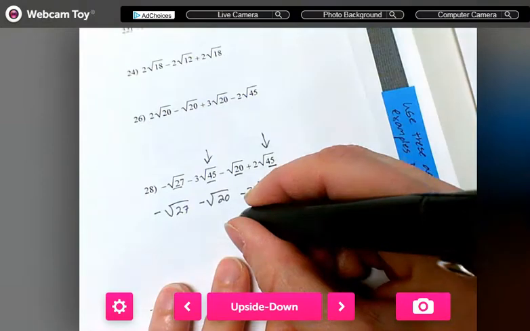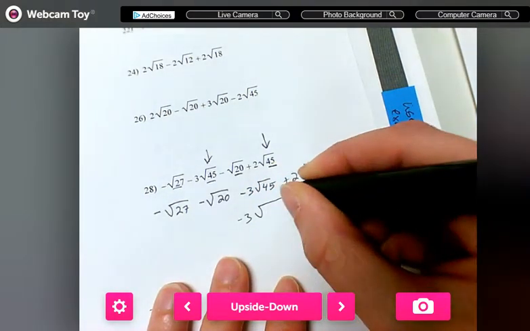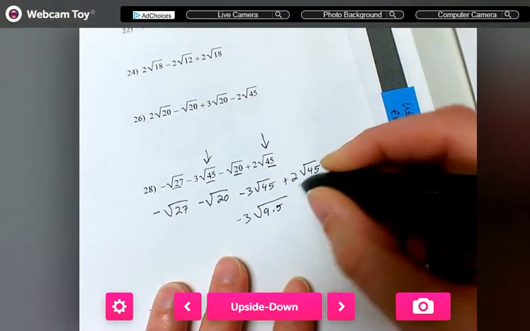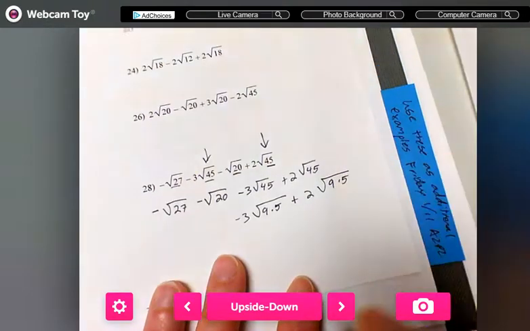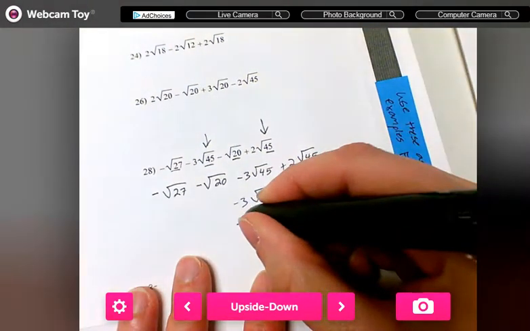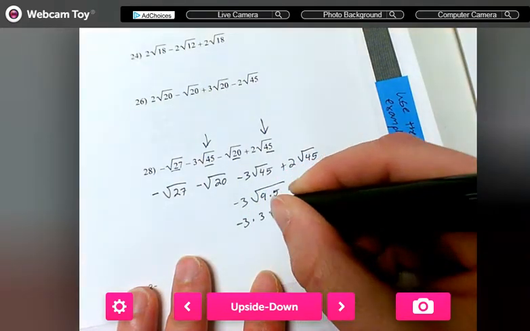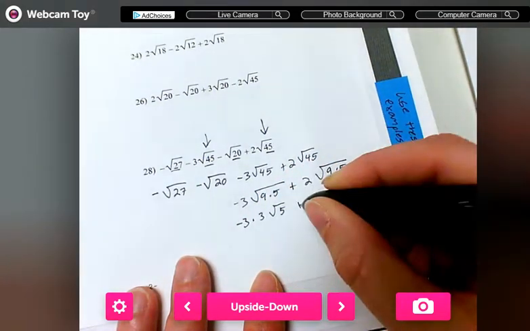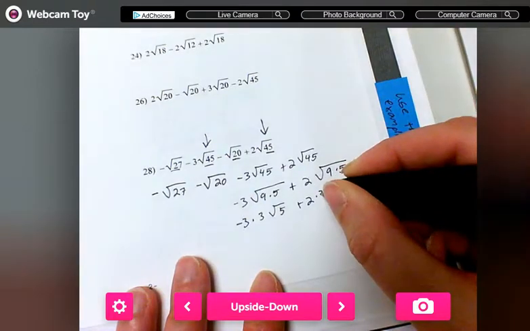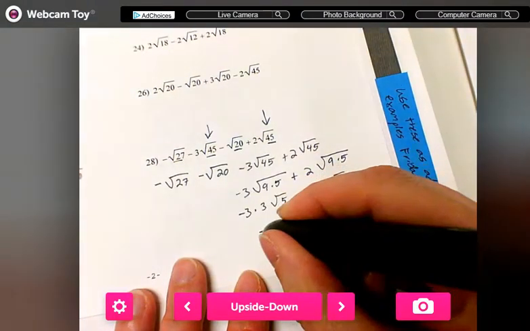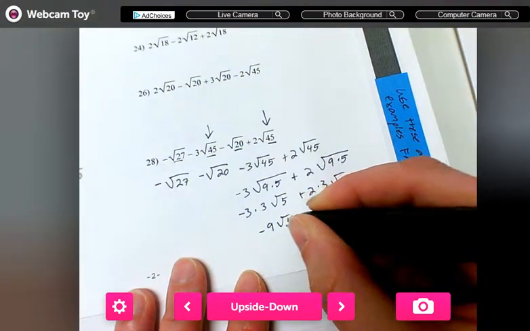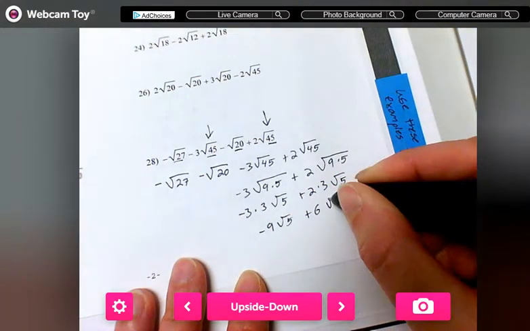So I'm going to go negative 3 square root 9 times 5 plus 2 times square root 9 times 5. What's the square root of 9, guys? 3. So I'm going to take that 3 to the outside for both of them. Okay. And I'm going to get negative 9 square root 5 plus 6 square root 5.